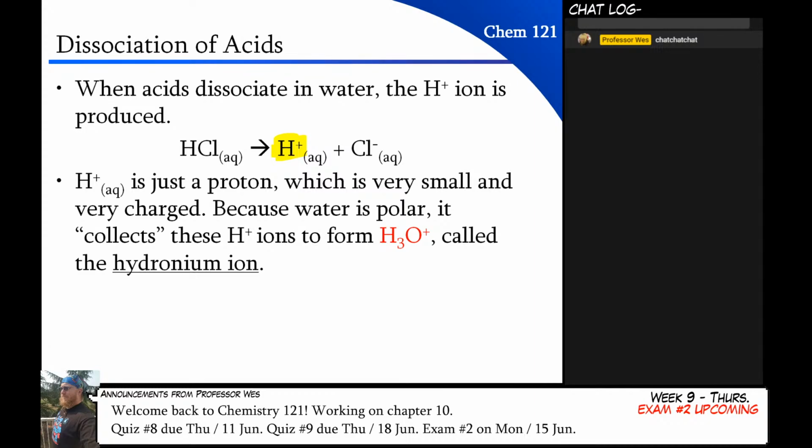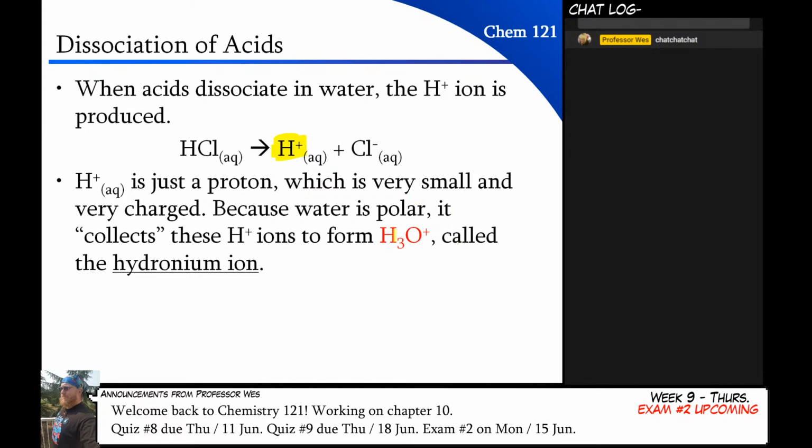It's going to find it. And if you drop HCl into a solution of water, water is by far the most abundant molecule around. So each time you have HCl, the H and the Cl split apart, and the H plus ends up going to a water. Because there's water all over the place, and one of the waters will be like, oh, I'll take this H plus.